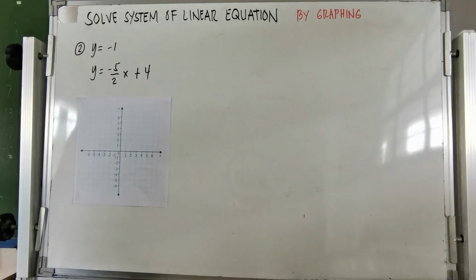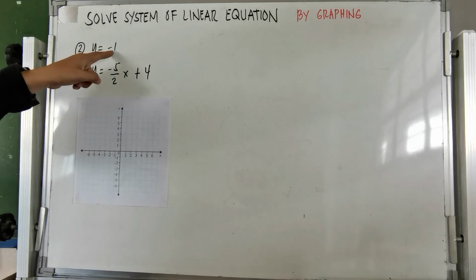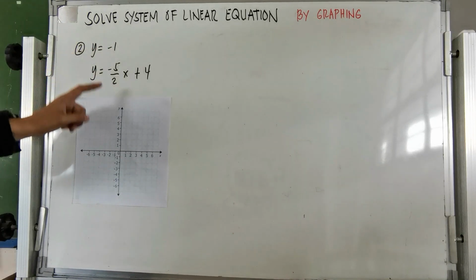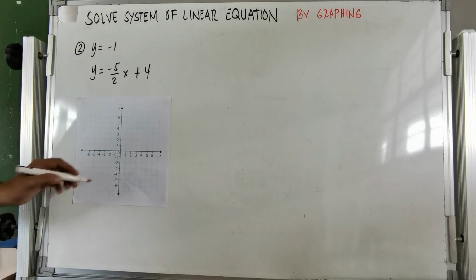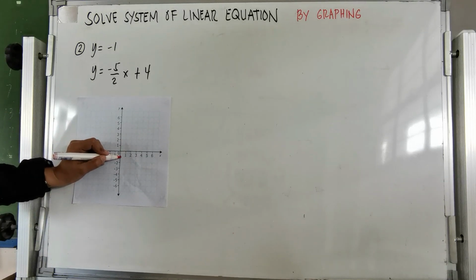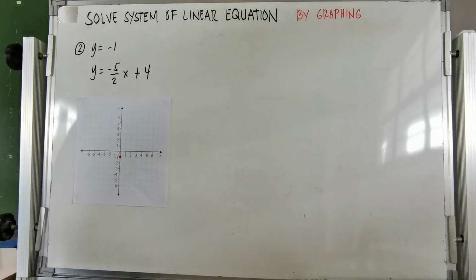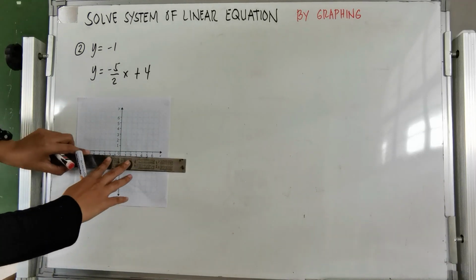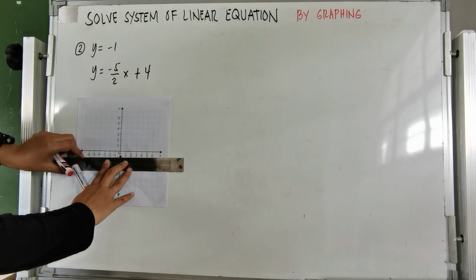Ibig sabihin, it is lying exactly in y-axis since ang given lang natin dito ay negative 1. So pag pinlat natin siya sa Cartesian coordinate plane, we have this point. So lying exactly in y-axis, ibig sabihin, so ito ay horizontal line.